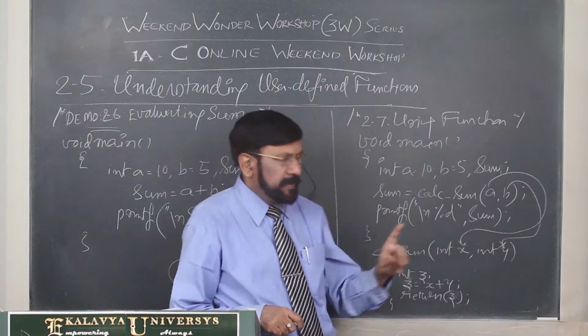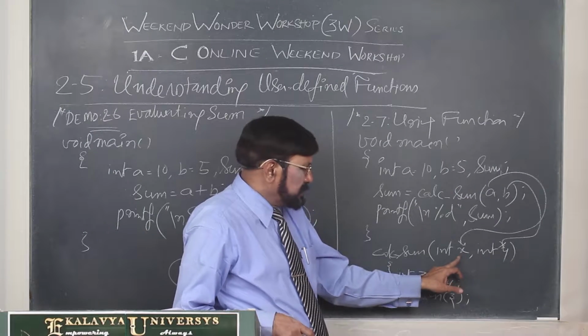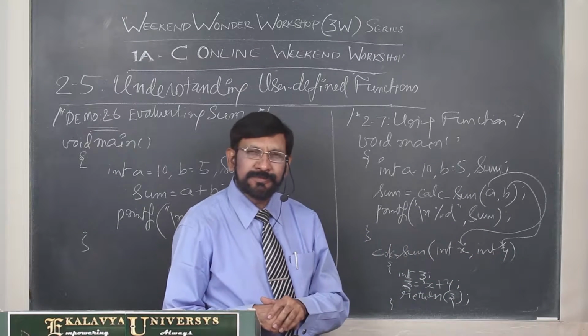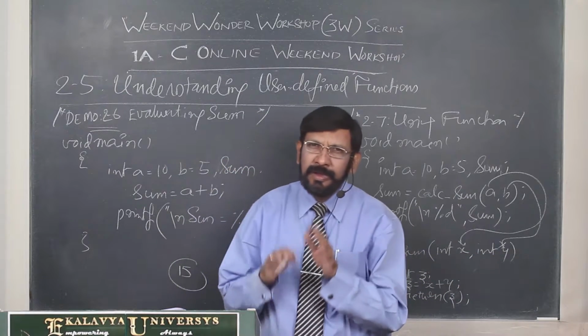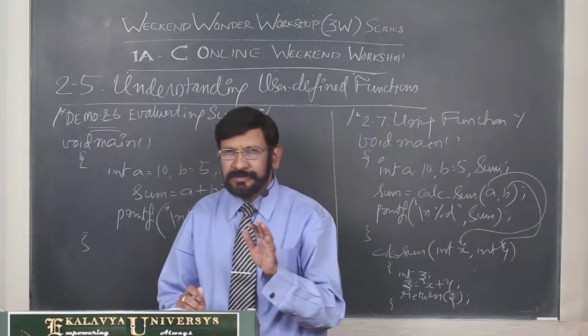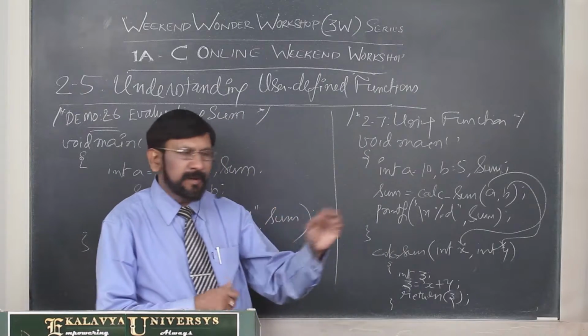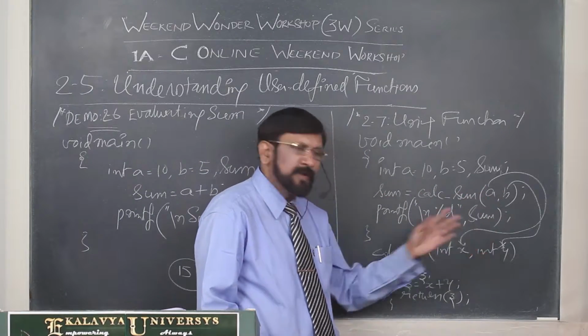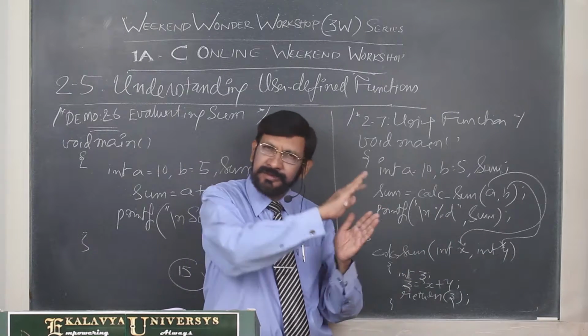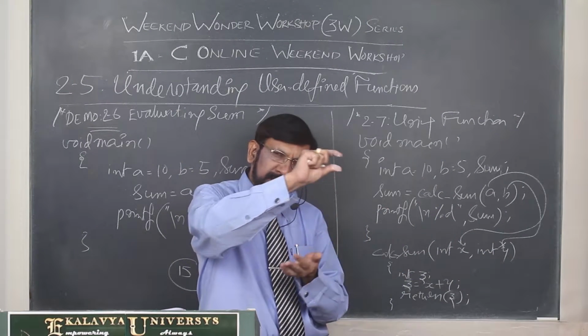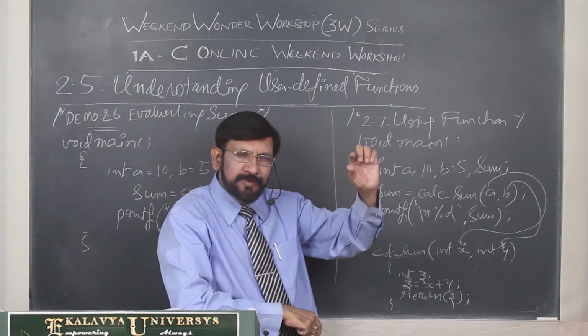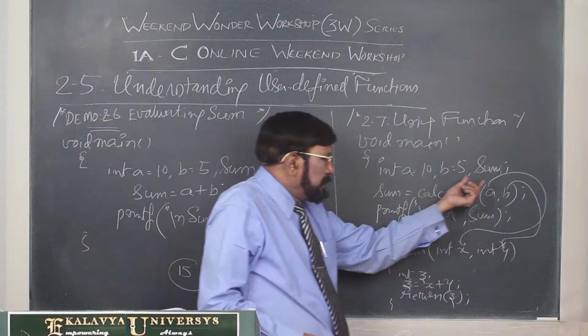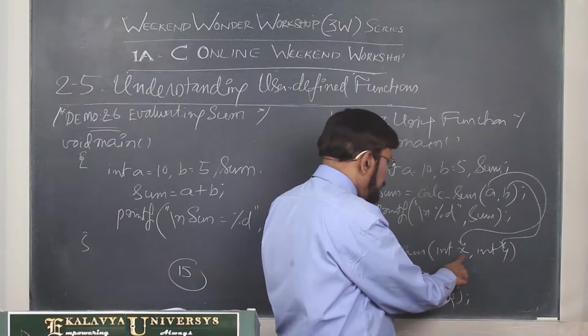A and b are actual arguments, x and y are formal arguments. What are formal arguments? Formal arguments are meant for receiving the values. Actually, a is not passed. Whatever value is stored in a, a copy is taken and it is copied here.